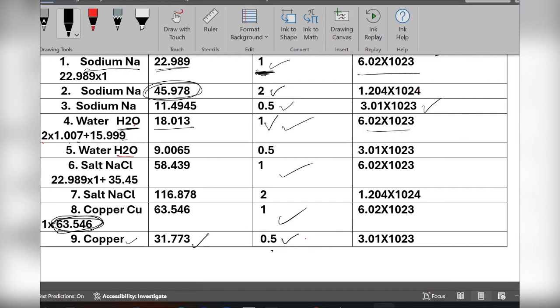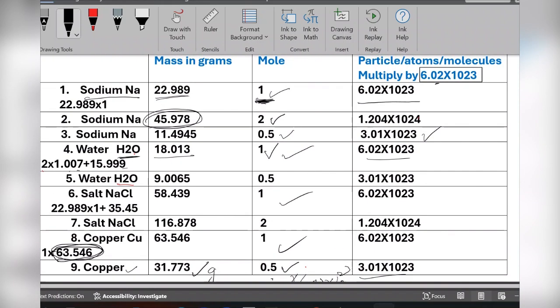So you got 31.773 grams. That's the mass of the copper. How many particles? Again, this 0.5 multiply by this number 6.02 times 10^23. You get this number. Did you notice one thing? 0.5 mole of copper is also same like 0.5 mole of sodium, like 0.5 mole of water.